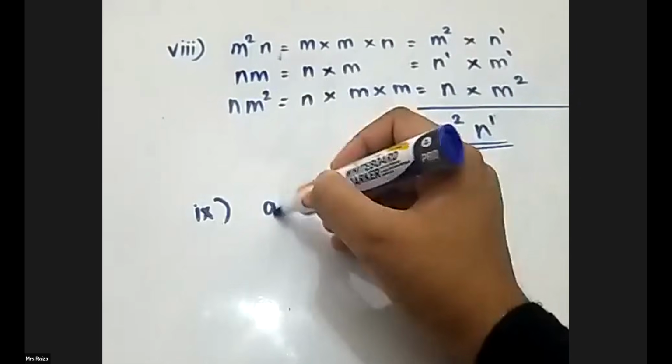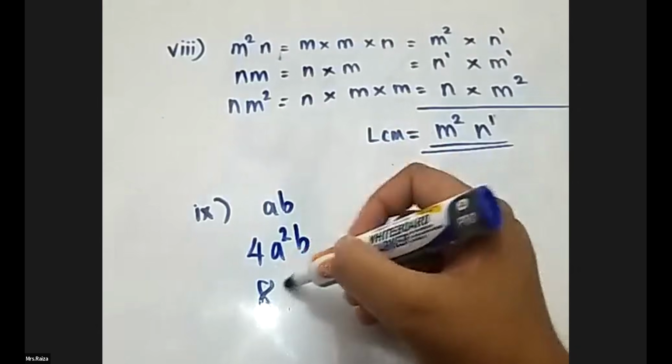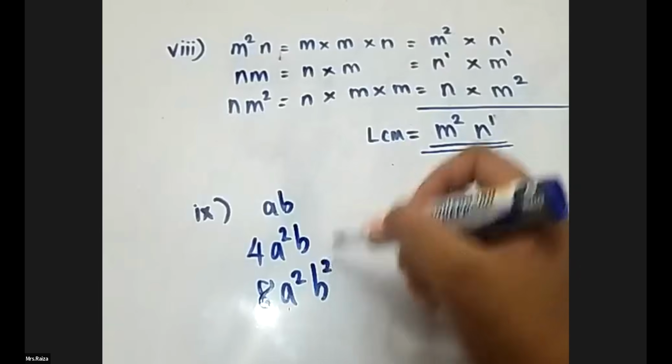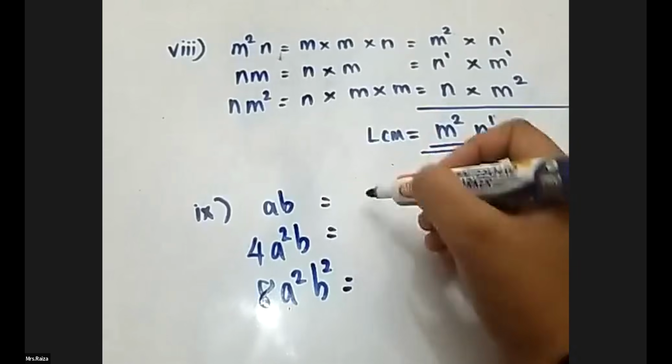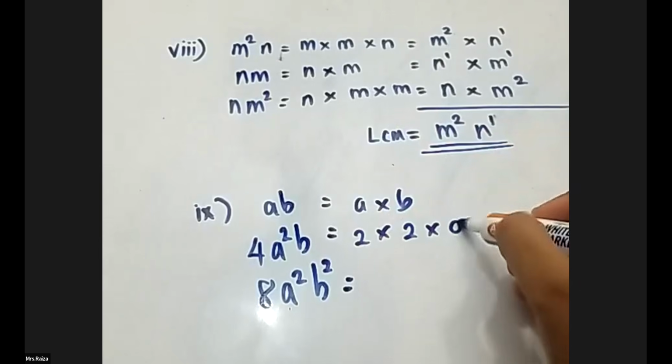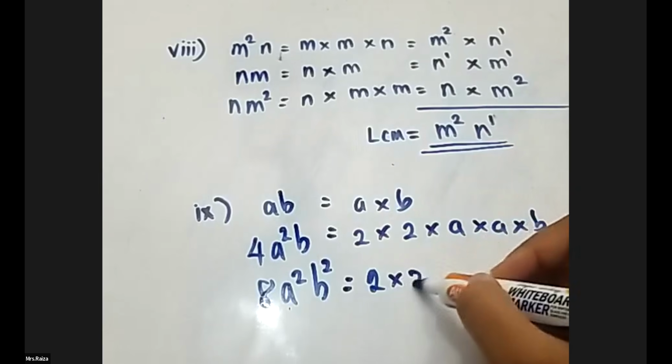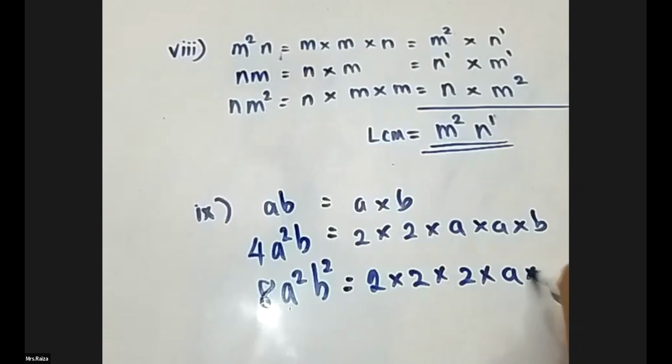Let's go to Roman number 9. You have ab, 4a squared b, 8a squared b squared. I can write a into b, 2 into 2 into a into a into b, 2 into 2 into 2 into a into a into b into b.